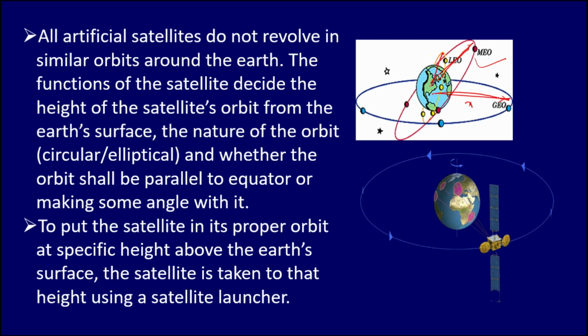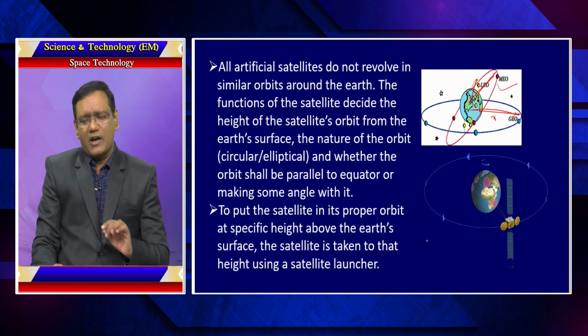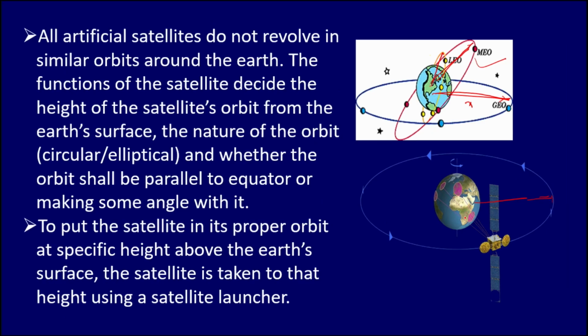To put the satellites in their proper orbit at a specific height above the Earth's surface, the satellite is taken to that height using a satellite launcher. If we want to keep the satellite in a particular orbit, we have to take it to a particular height and then keep it in that orbit.